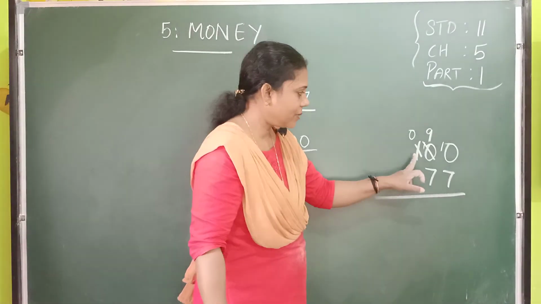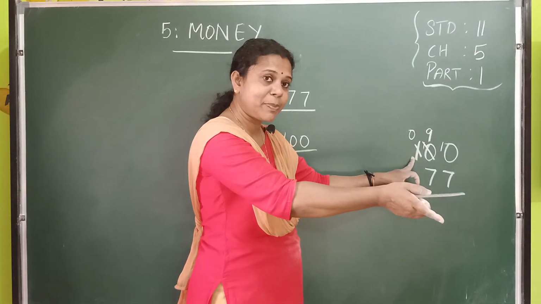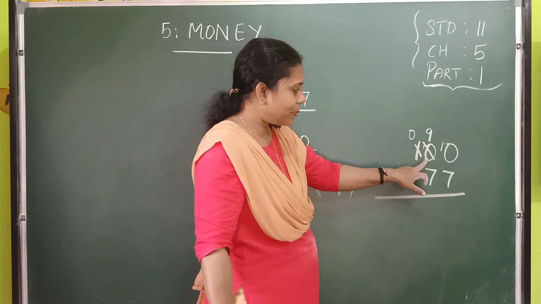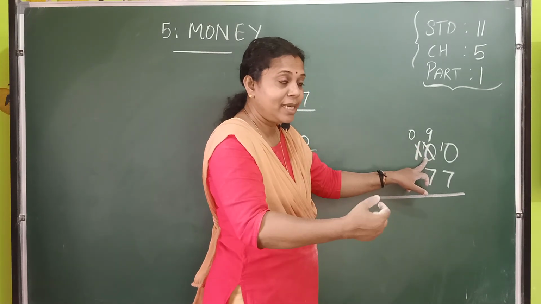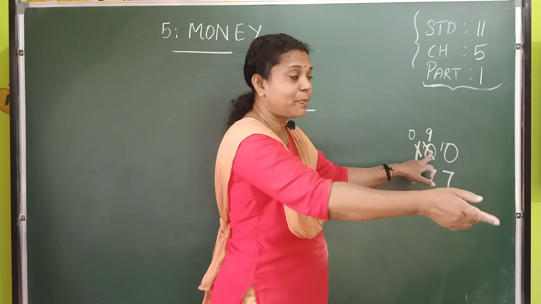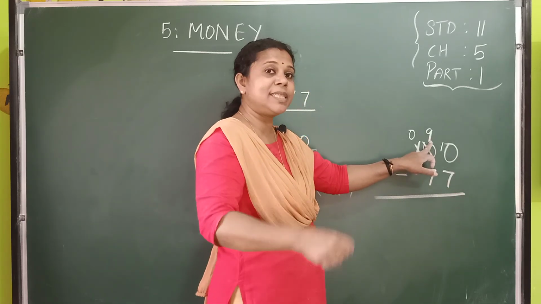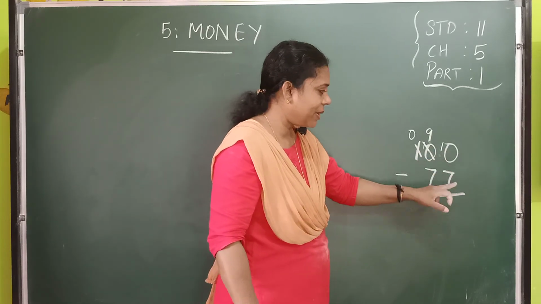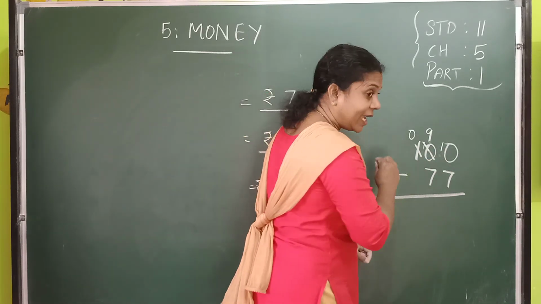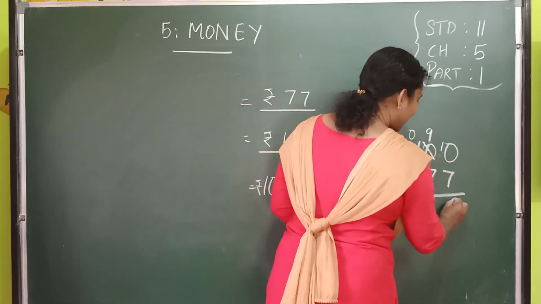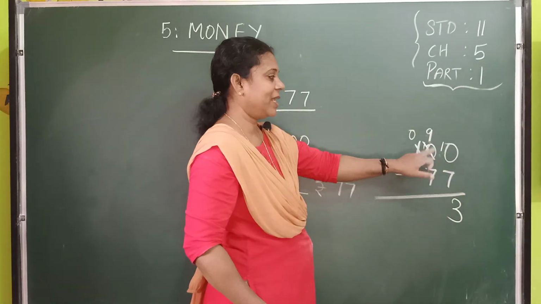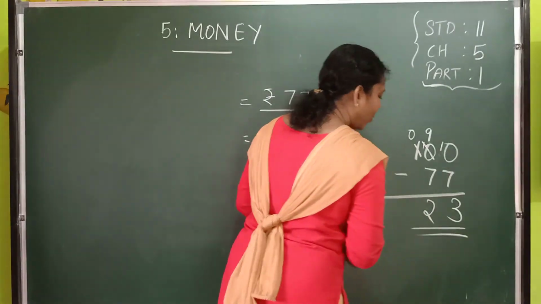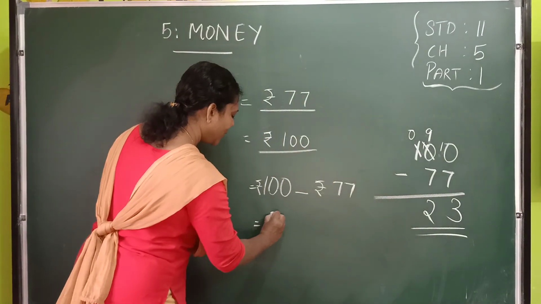The 1 is given to the tens place, making the hundreds place digit a 0. Tens place digit will become 10. Again 1 is given to the ones place digit, making the tens place digit a 9. Ones place digit is 10. Now 10 minus 7 is equal to 3 and 9 minus 7 is equal to 2. So the money he needs more is rupees 23.